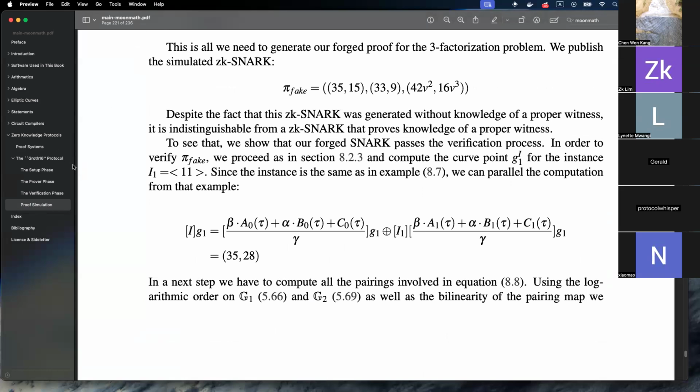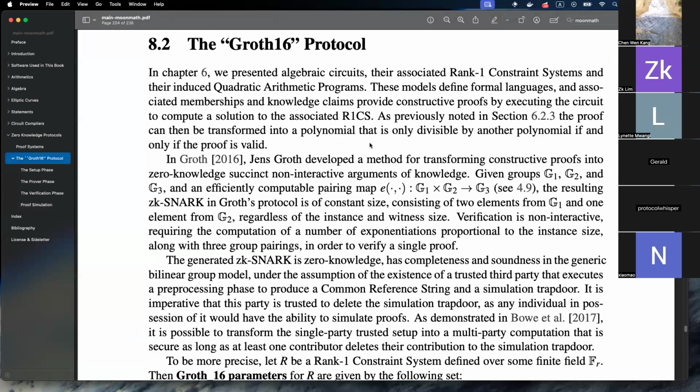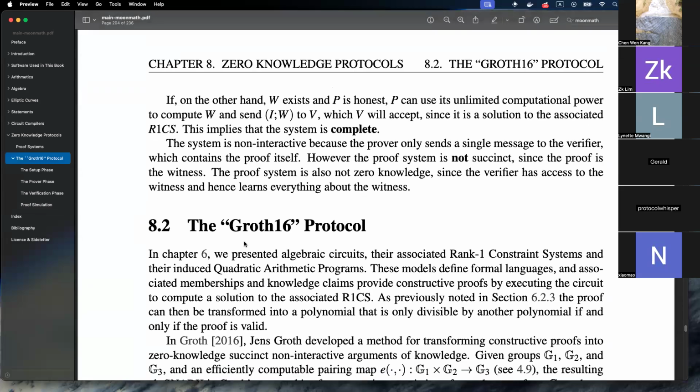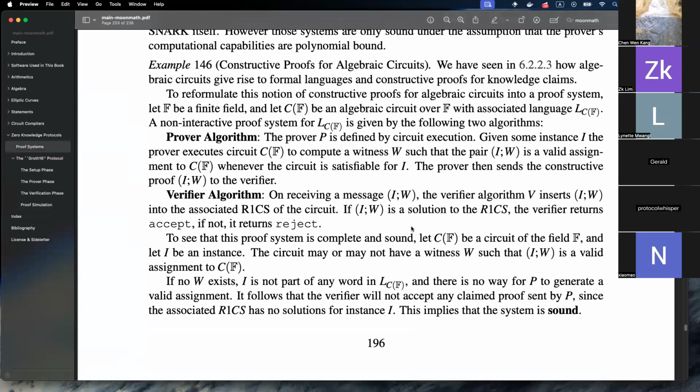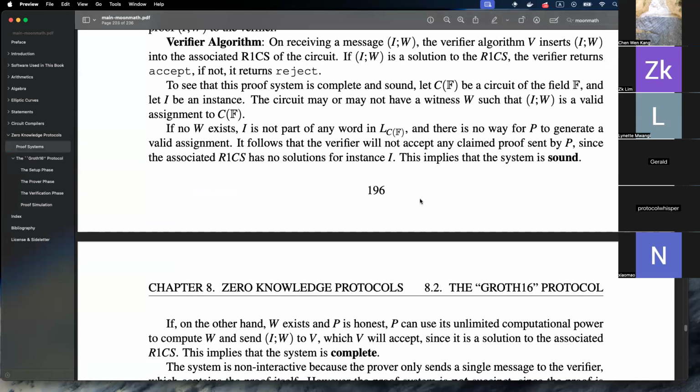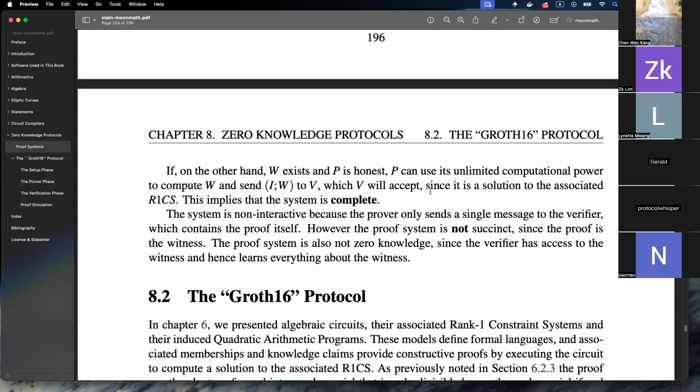Because this proof system, Groth16, and I think most proof systems are probabilistic. There is a high enough chance that if your proof is correct, it will be accepted, and if it's incorrect, it will be rejected.